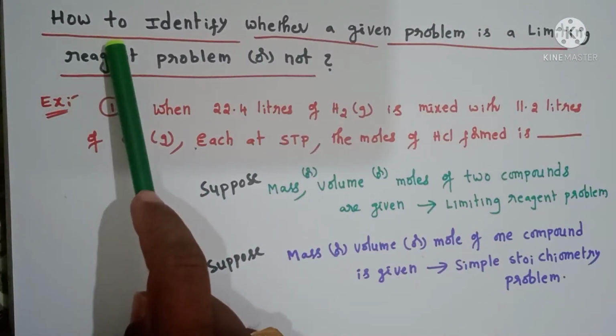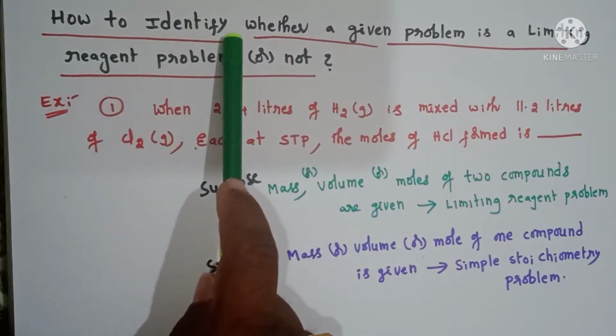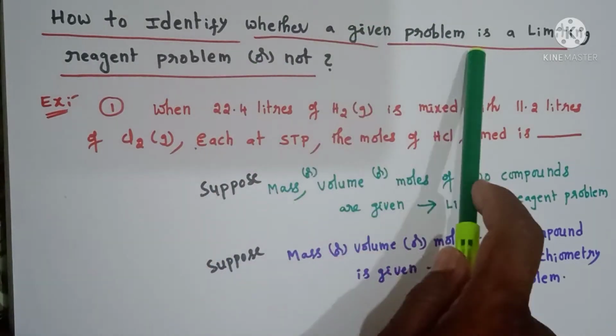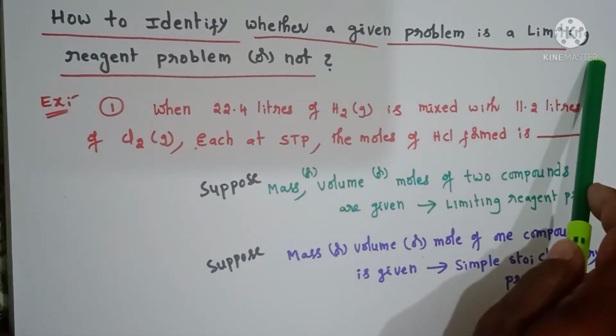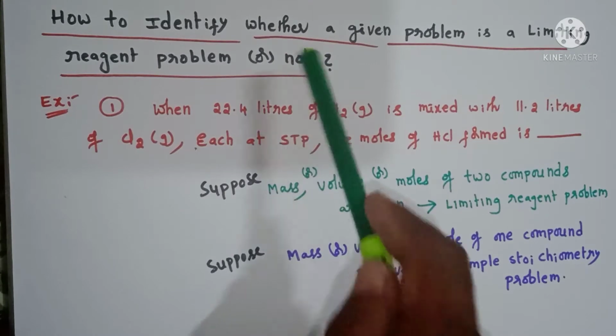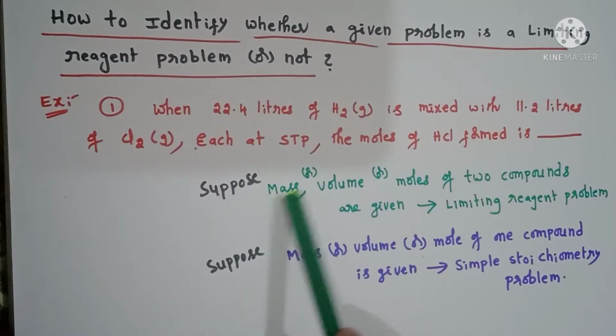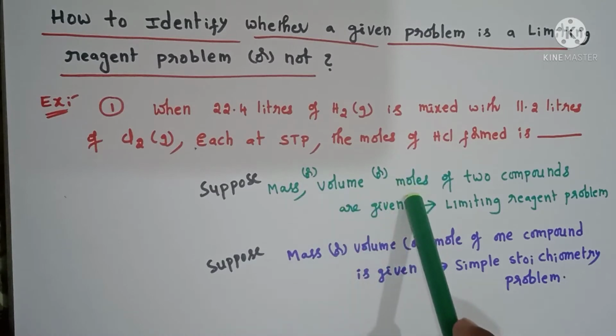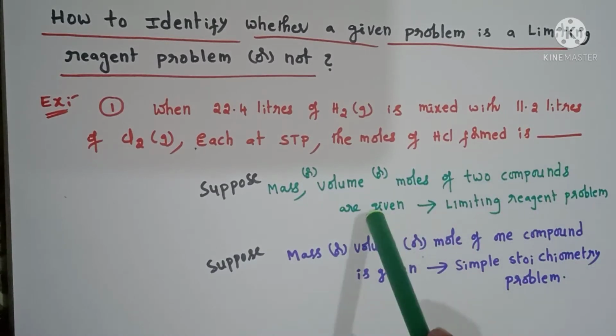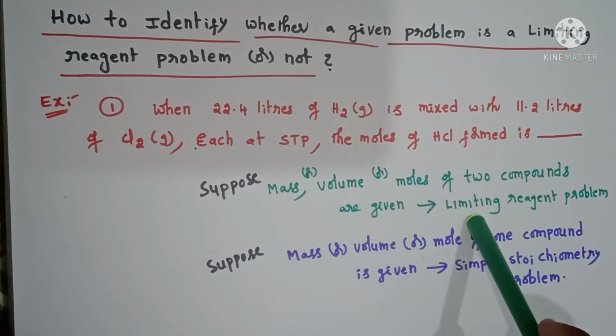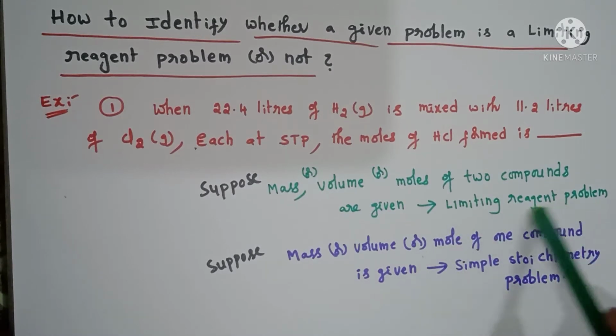Next, we are going to discuss how to identify whether a given problem is a limiting reagent problem or not. Suppose in a given problem, the mass, volume or moles of two compounds is given, then that problem is related to limiting reagent.